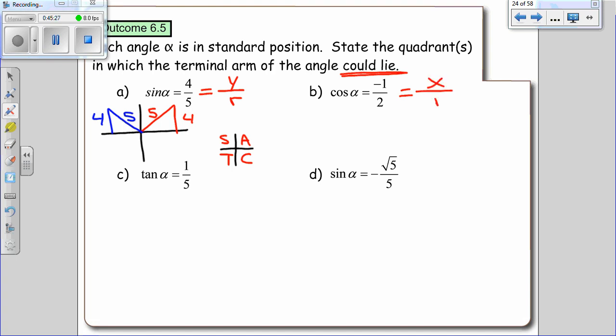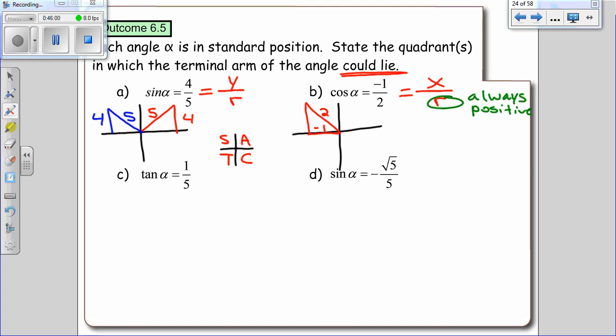That means when you go to build your triangle, you have to be building it where x is negative 1 and r is 2. I could build it here because that would give me negative 1 and 2. Where else could I build it? Quadrant 3 I could build it because that's negative 1 and 2.